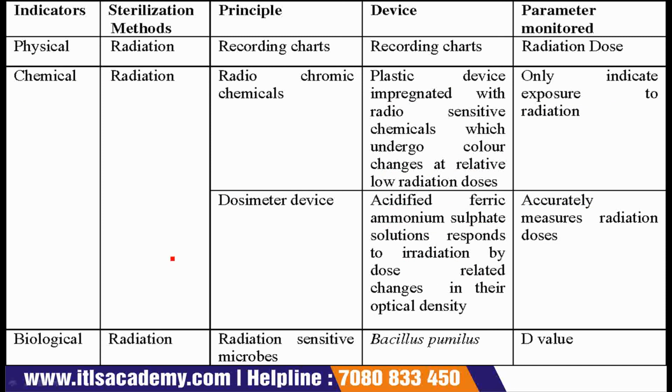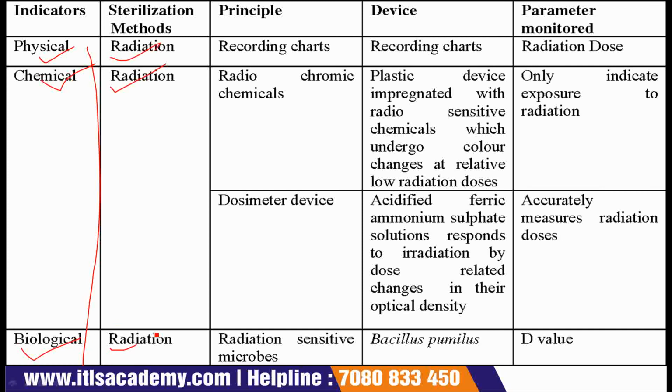Next comes, if the indicator is biological, then the sterilization method will be radiation. You can see whether the indicator is physical, chemical or biological, in all these three indicators the sterilization method used is radiation.